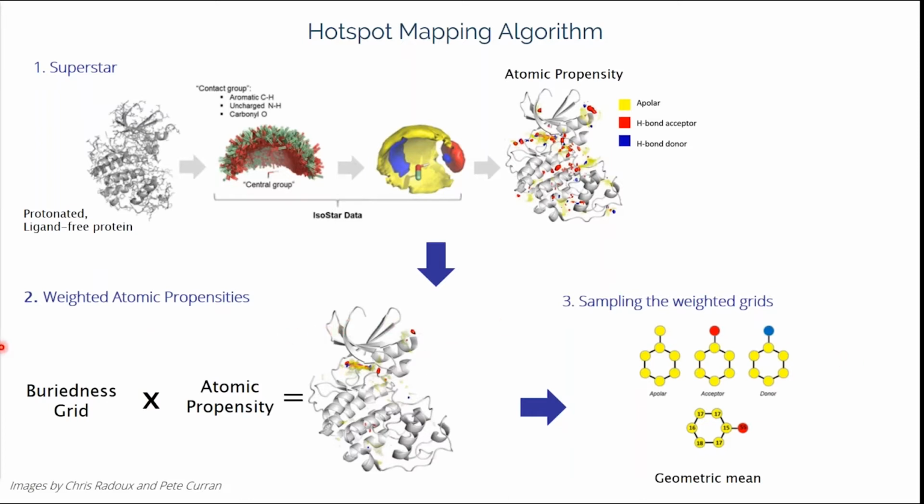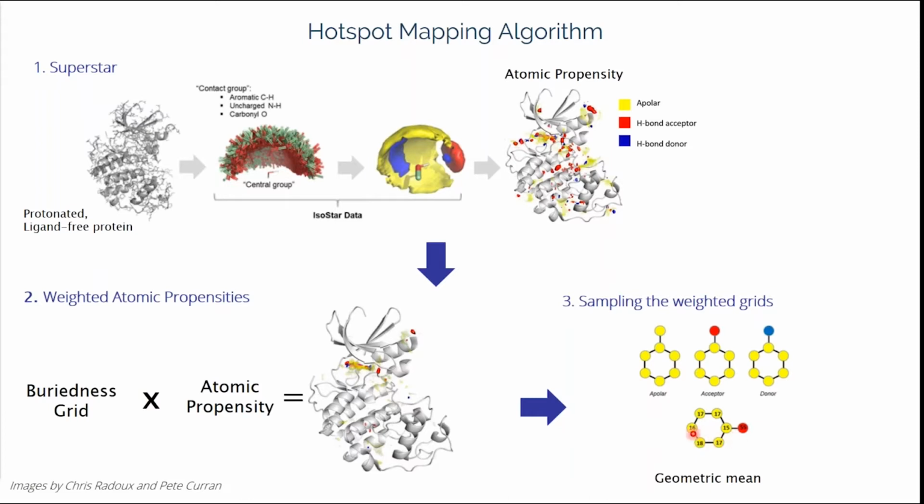To score them, each atom is assigned a score from the nearest point in the corresponding map. So for example, even though this is a hydrogen bond acceptor probe, all of the atoms in the ring section will have scores taken from the apolar map. This mimics a fragment trying to put an acceptor group in a position.